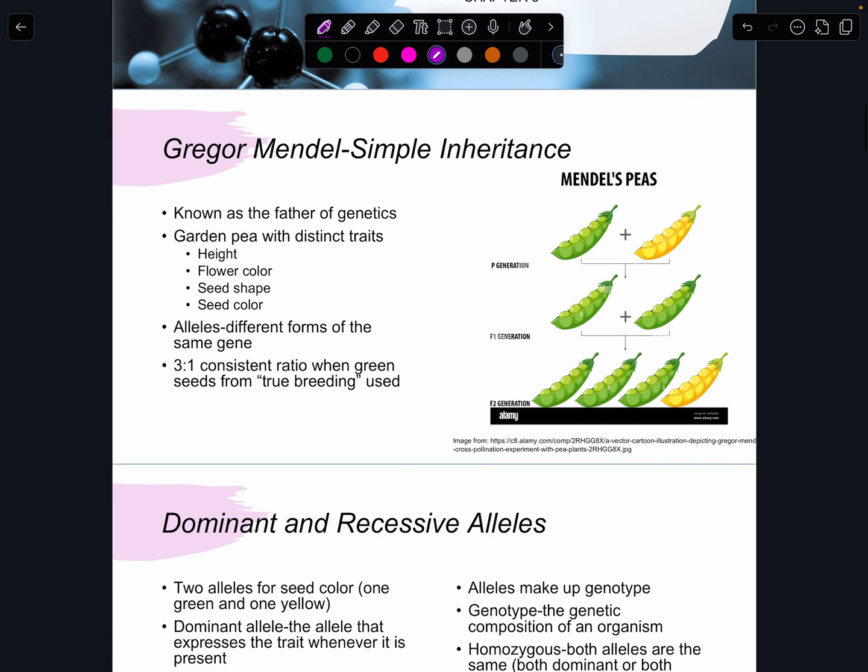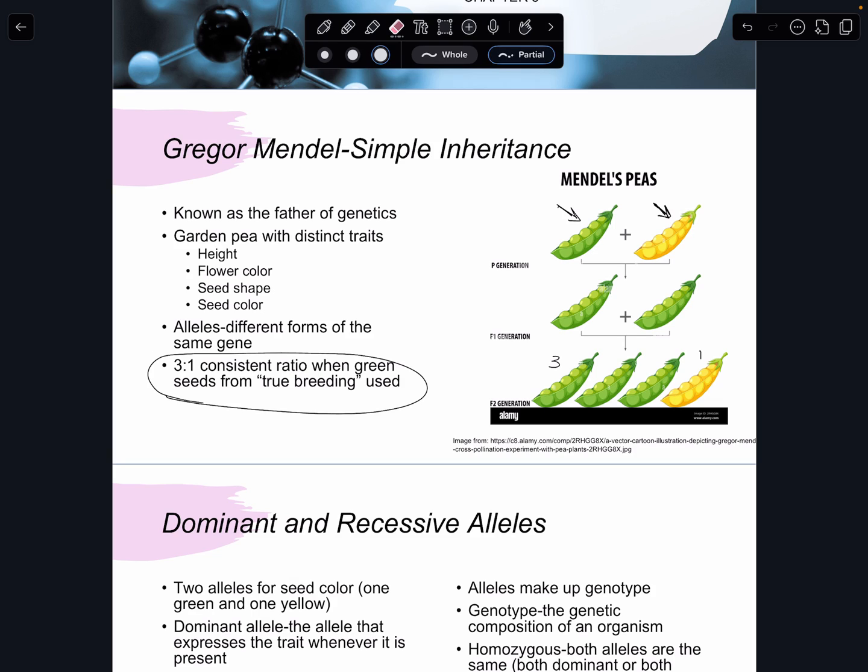He used the garden pea with distinct traits, and something that he noticed, I'm going to draw on my presentation here, was that when he crossed a green seeded plant with a yellow seeded plant, that generation would give you, if you had two of those from the next generation that were both green, a consistent 3-to-1 ratio, where you would end up with 3 green seeded plants and 1 yellow seeded plant.